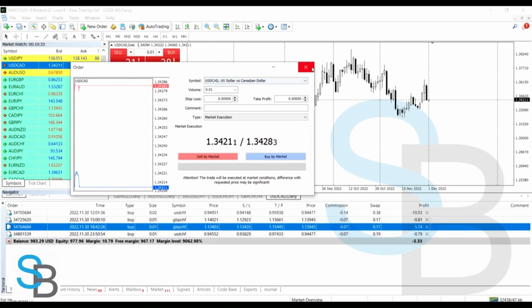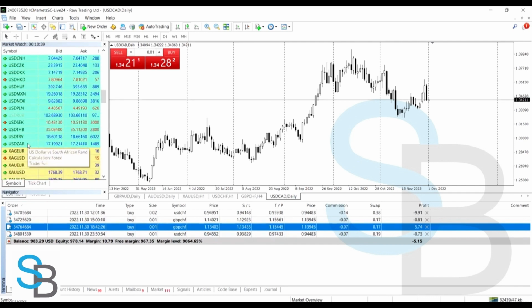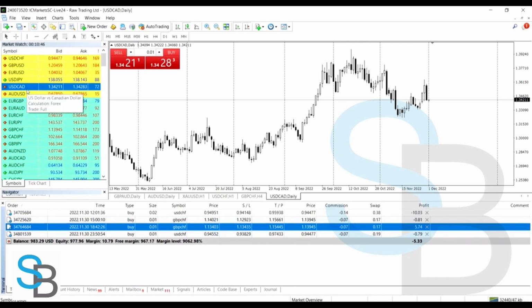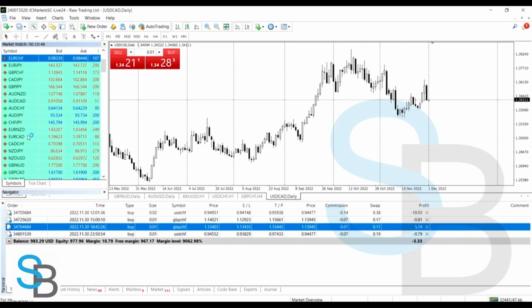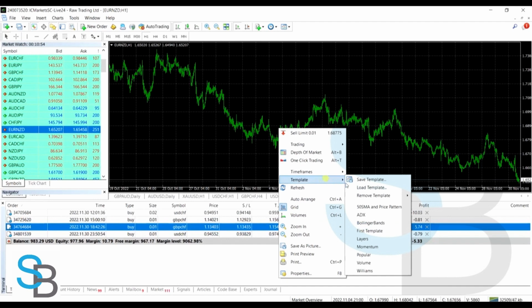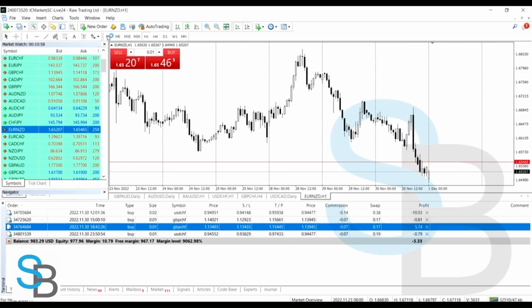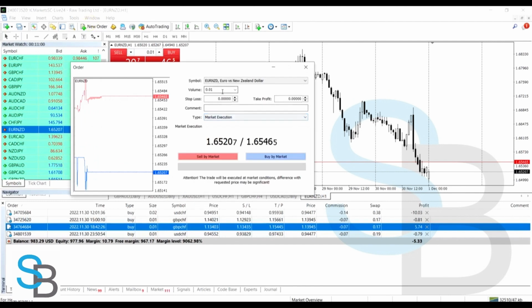And this is Euro NZD. Where are you? Yeah, Euro NZD. Open chart. Give it the template. And then we're going to create a new order. It's going to be a sell limit order.